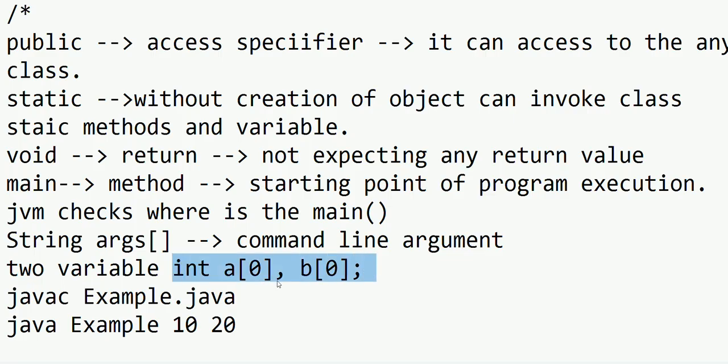If you want to take three variables, yes, you can. At that time, you have to mention three values after the compilation, before running. This is how you can use command line arguments.